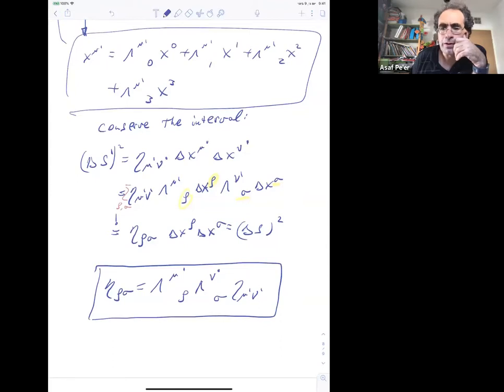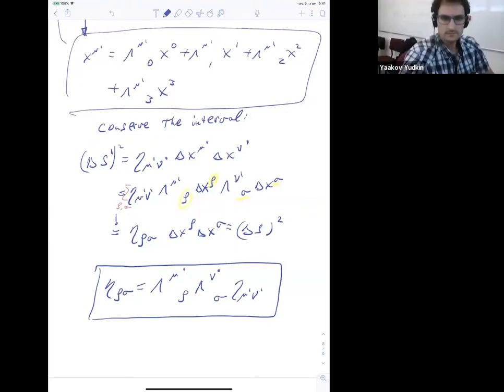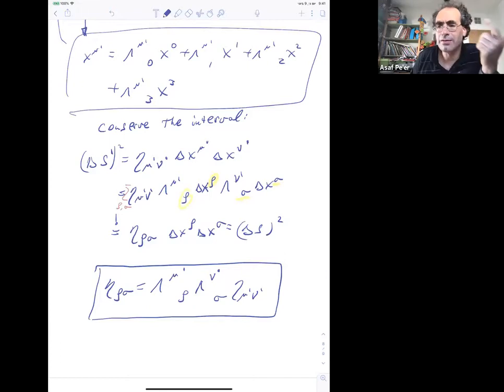Now a quick question. How many equations are there here? How many equations did I just write? 16 equations, right? You see that? Because rho and sigma go 0, 1, 2, 3, each one. Now, on the right-hand side of each equation, how many terms are there?